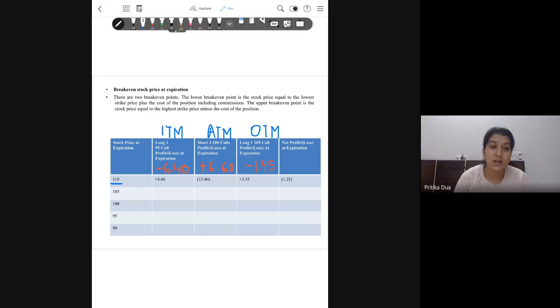So you are making a profit of 15 rupees, 110 minus 95. But for this you have paid a premium of 6.40. तो 15 rupees से आप प्रीमियम को माइनस कर लोगे, आपके पास नेट पे ऑफ फ्रॉम दी long call will be 8.60.